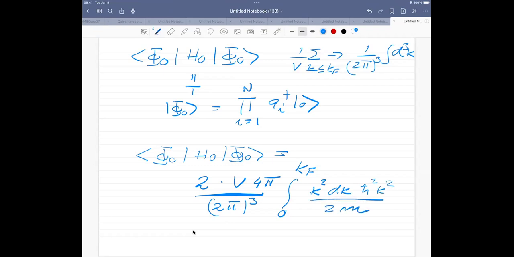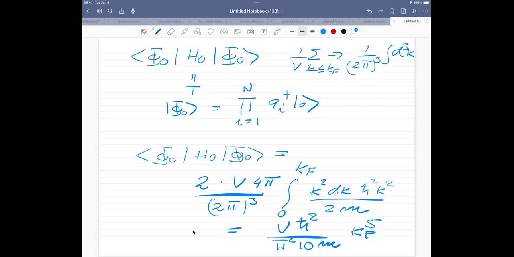And if I do the integral, what I get is V times h bar squared divided by 10 pi squared m times kF to the power of 5. Then it's common to rewrite this in terms of the number of particles and the density.